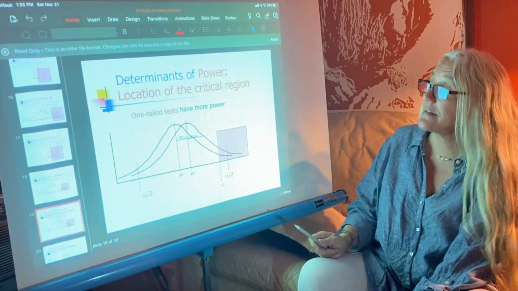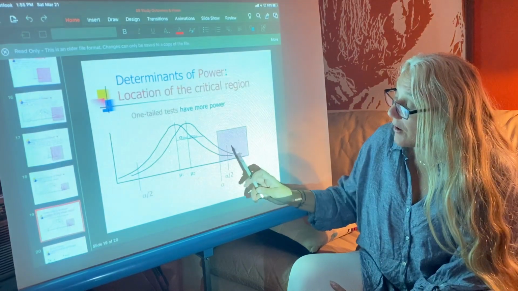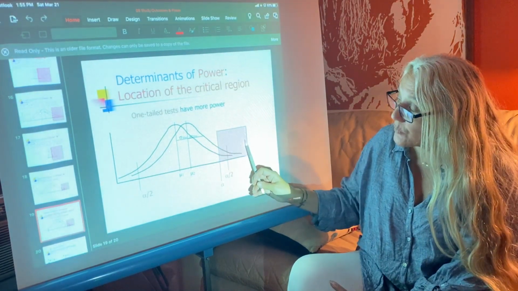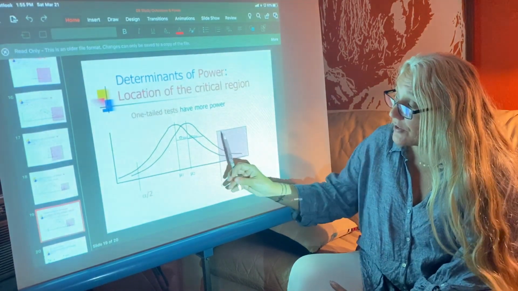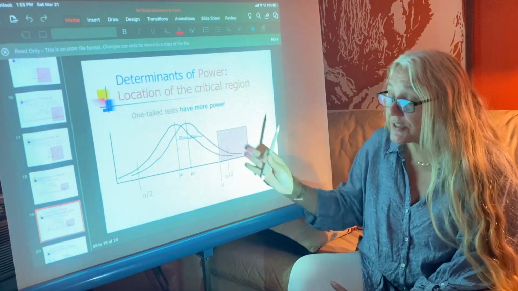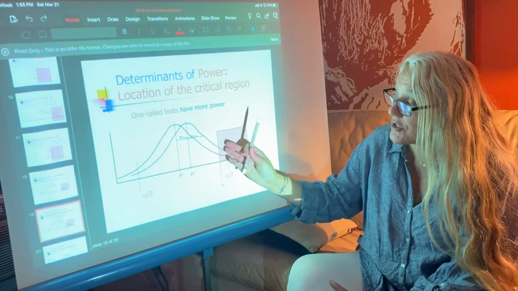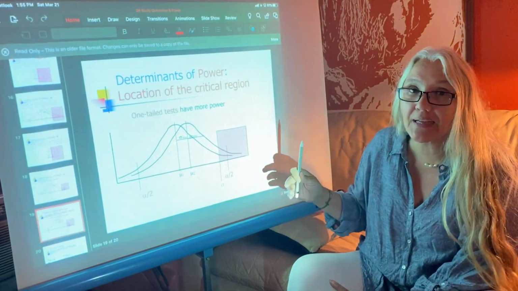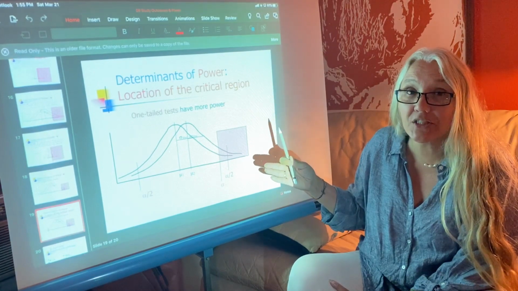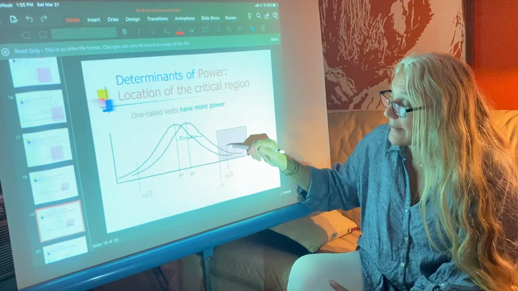Also, the location of this critical region matters. If I put all of my 0.05 in one tail, I have a larger critical region. And if the second distribution really is shifted to the right of the first distribution, and I'm looking on this side, the critical region is twice as large than if I divide it into two tails.